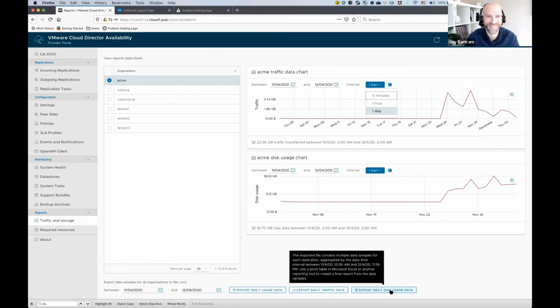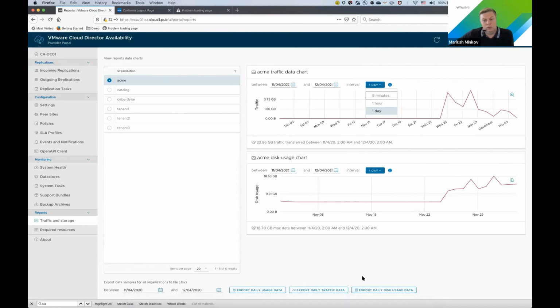Yeah, it's a pretty large one, but it's fairly easy to manipulate in Excel and get some good statistics about the disk consumption of different replications and how it varies over time. So in case one needs to dig into and analyze the consumption history of a specific tenant org, then it's probably the best way to do it.